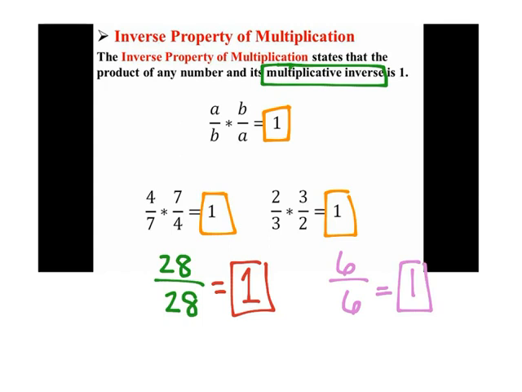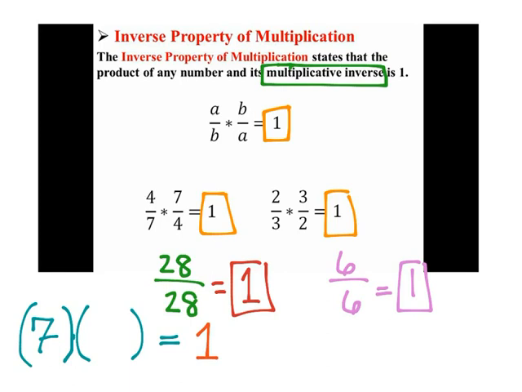Now you might be thinking, how will this work if you're not talking about a fraction, right? So for instance, if I want to use my favorite number, which is 7, what can I multiply 7 by to end up with an answer of 1?